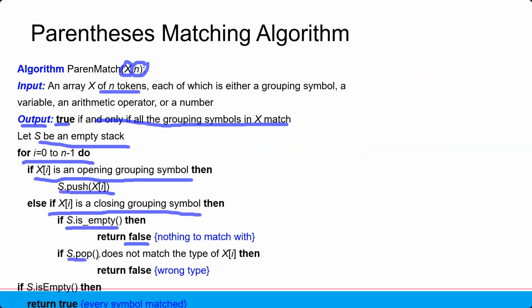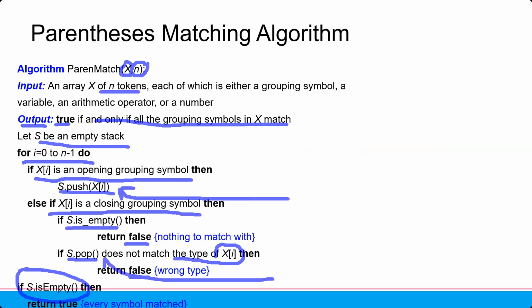If we want to remove it, and if the removed element did not match with the component in the stack, return false. And the last one, we want to check whether the stack is empty. If it is already empty, then return true. So you can see the operation is here, push, and the operation is here, pop.